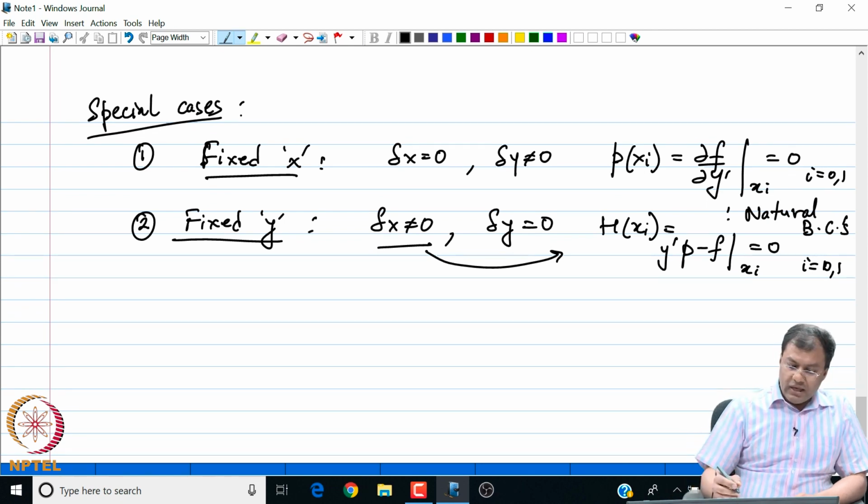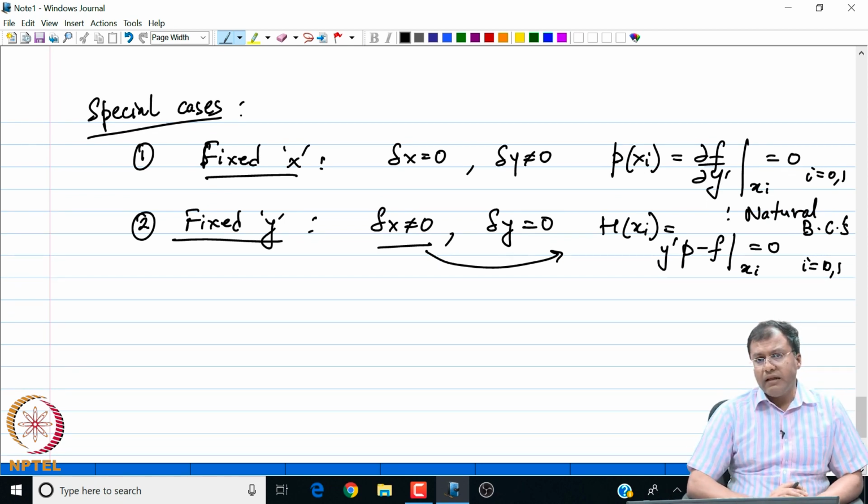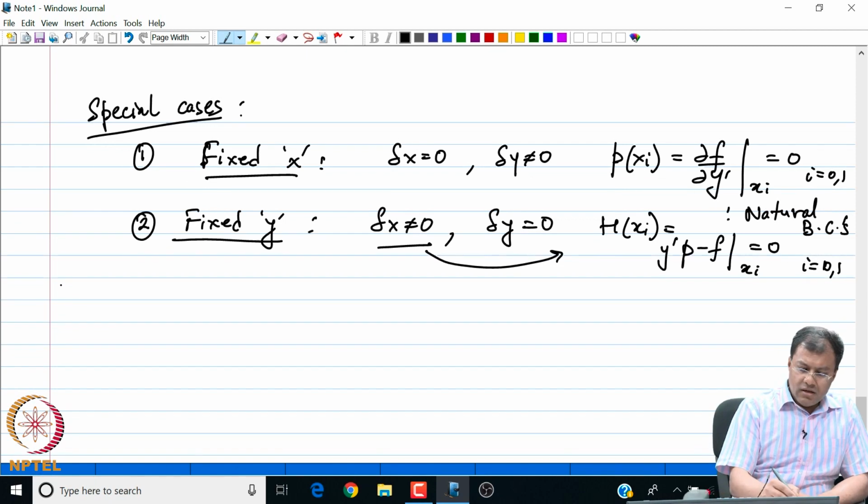So we are going to see that although we have completely described these variable endpoint functionals, in many cases the endpoint criteria pose severe restrictions on the extremal that is generated as a solution to the Euler-Lagrange equation.